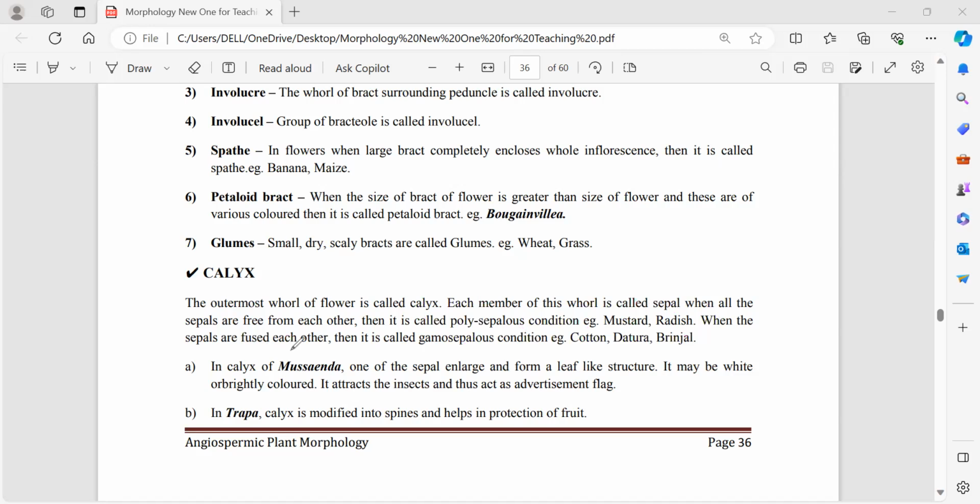Another condition is when sepals are fused. When we talk of many sepals and the condition is that they are fused, it is called a gamosepalous condition.